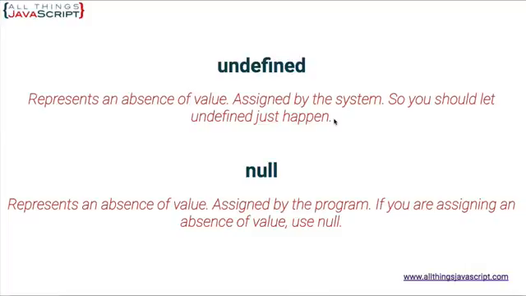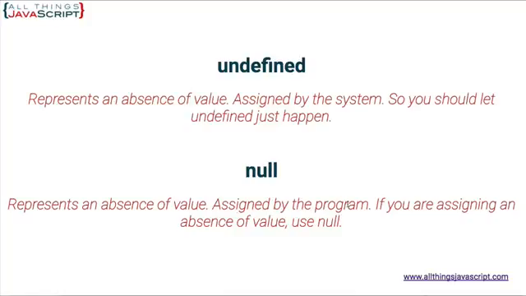Meaning, if you need to indicate an absence of value, don't assign it undefined yourself. Assign the value null. Let the system assign undefined, and then you can differentiate between undefined and null, because null represents an absence of value as well. But it is assigned by the program, not by the system.